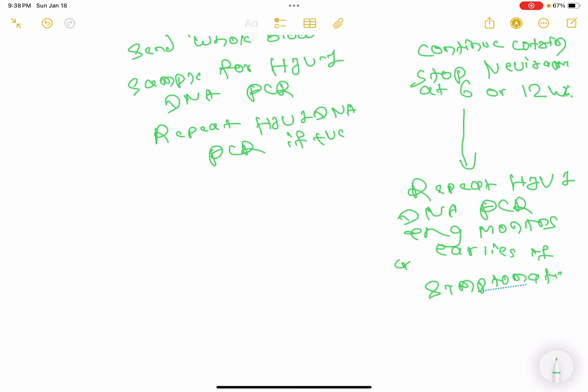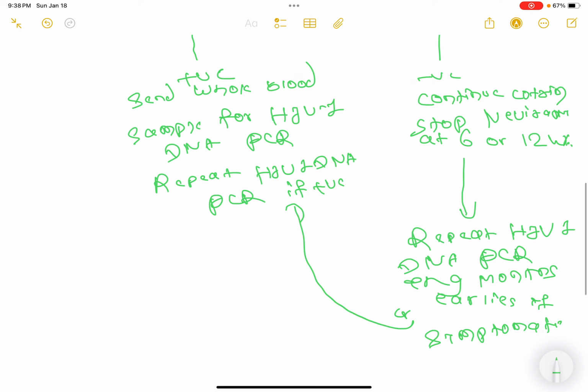And if the test is positive, then we again collect a whole blood sample and send DNA PCR, continuing cotrimoxazole, and confirm the diagnosis again. Then start ART, and exclusive breastfeeding should be done for 6 months and continued till 2 years as we normally follow.